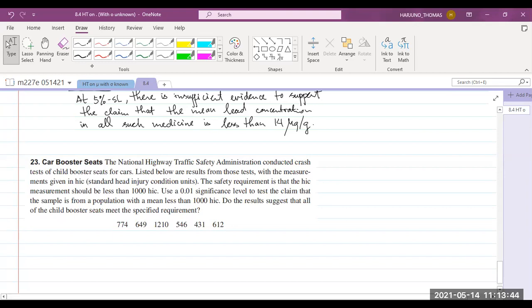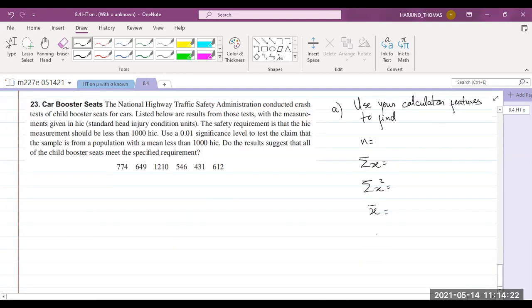Part A, use your calculator feature to find n, the sum of x, the sum of x squared, the sample mean, and sample standard deviation.